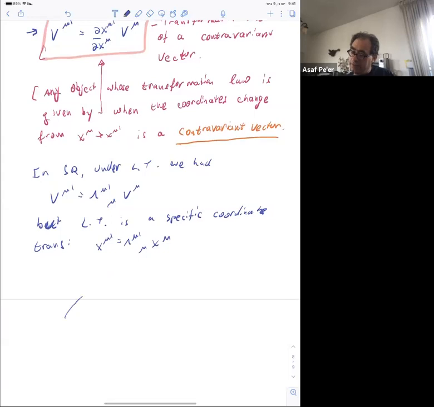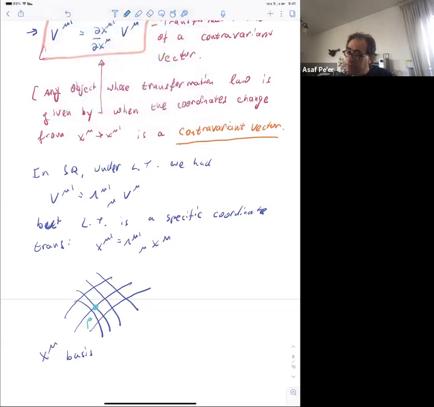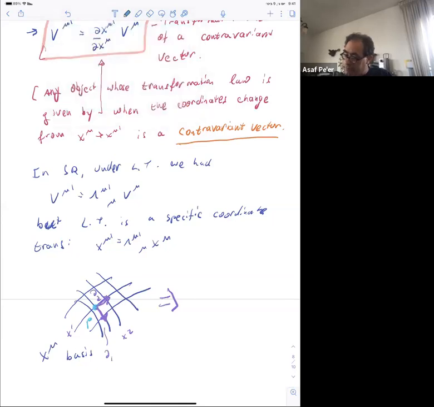Again, if we have one basis, x1, x2, and a point P, we have two vectors: this would be ∂1, this would be ∂2. If we change now the basis to a new basis, this would be x1 prime, and this would be x2 prime.